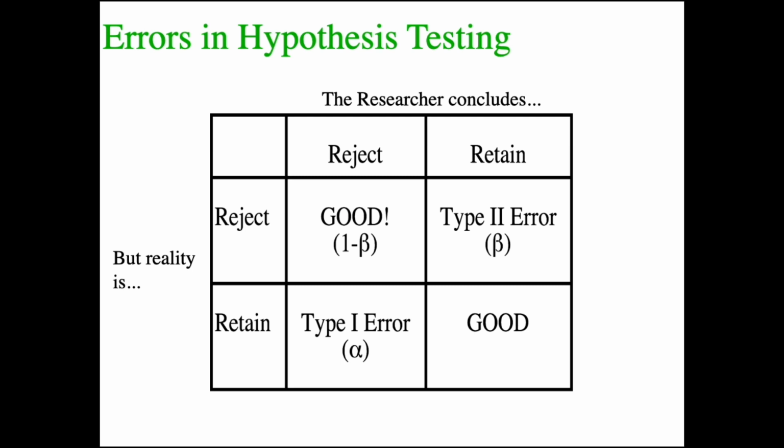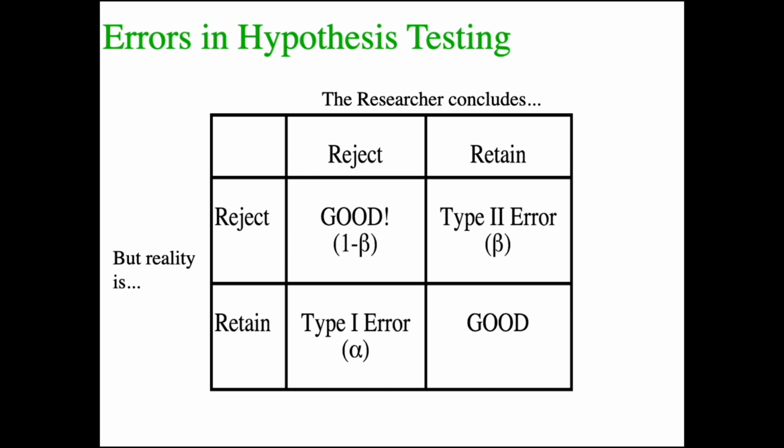You've statistically rejected the H0 because your characteristics exceeded your cutoff, but you shouldn't have because in reality there wasn't anything fancy going on. That would be known as a type 1 error. And it has a little Greek symbol associated with it called alpha. So alpha is the probability of making a type 1 error.